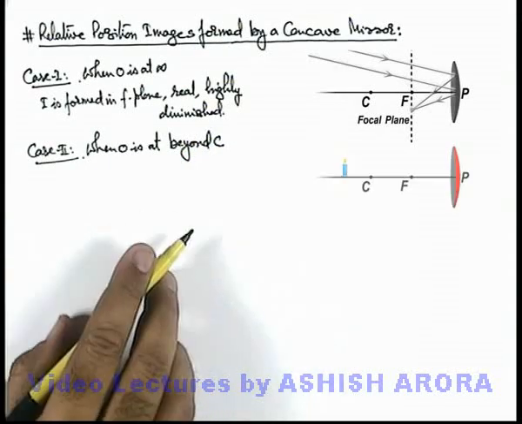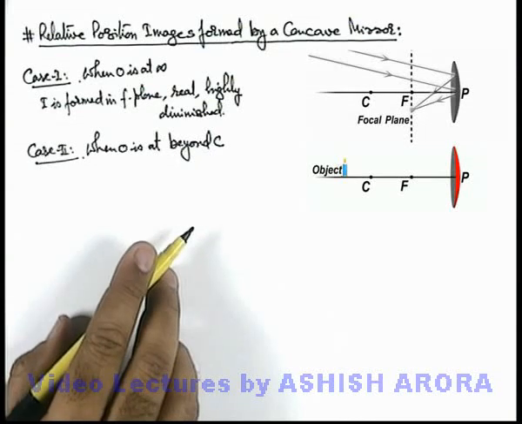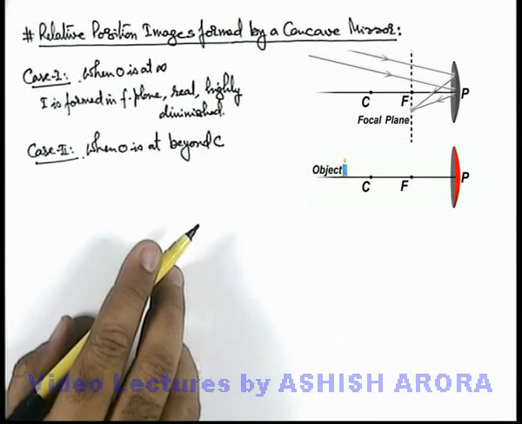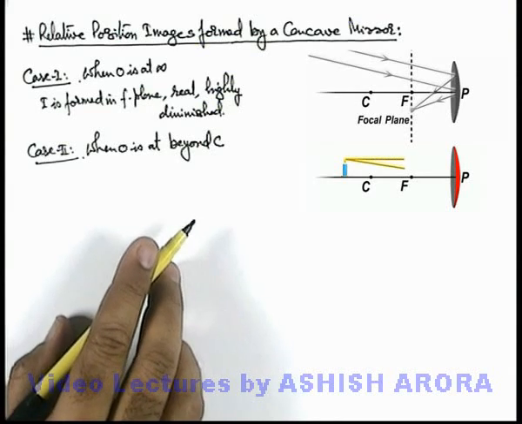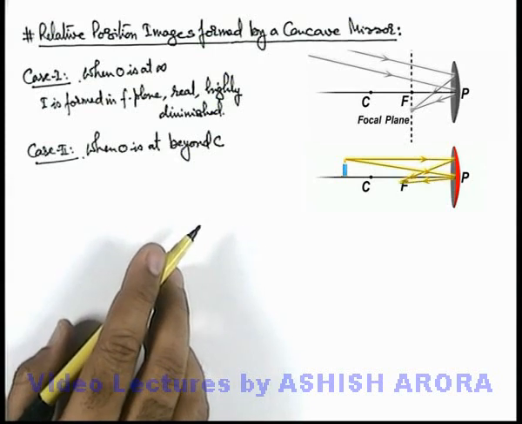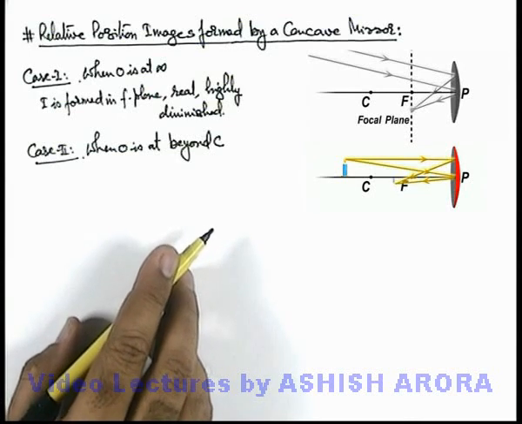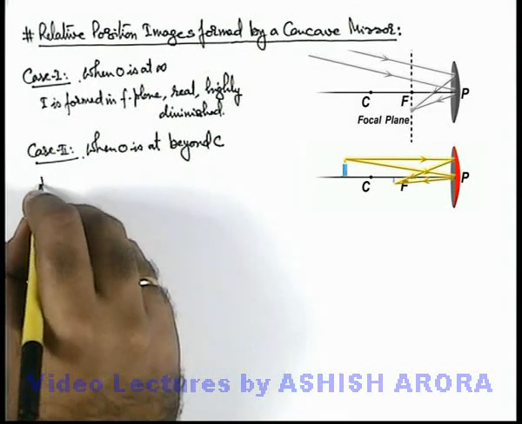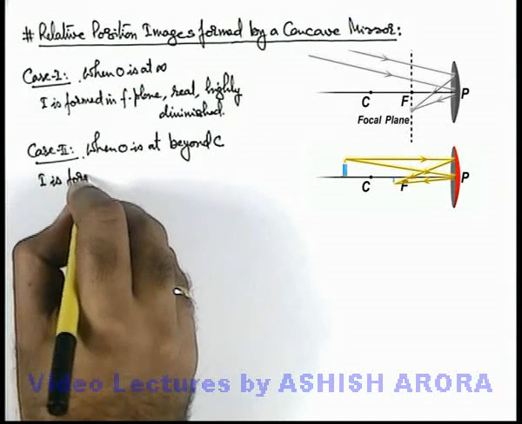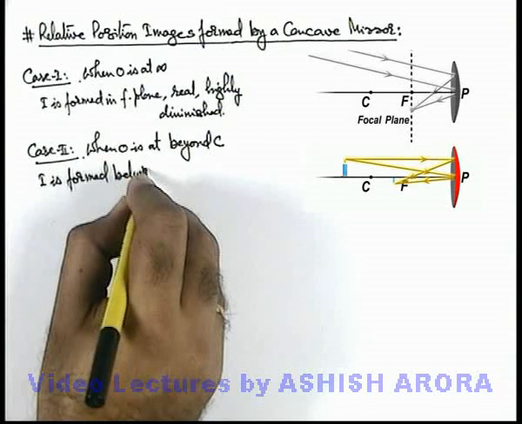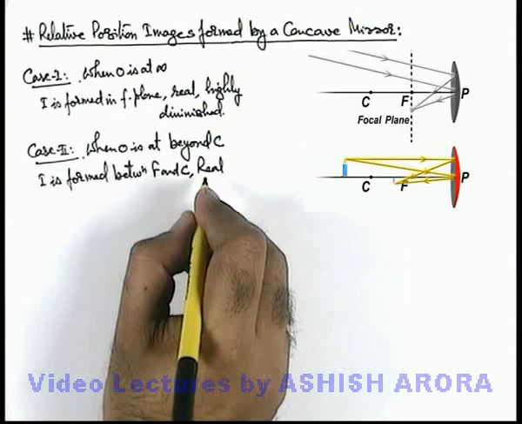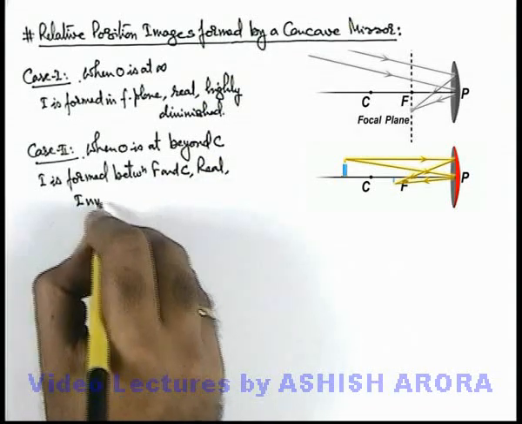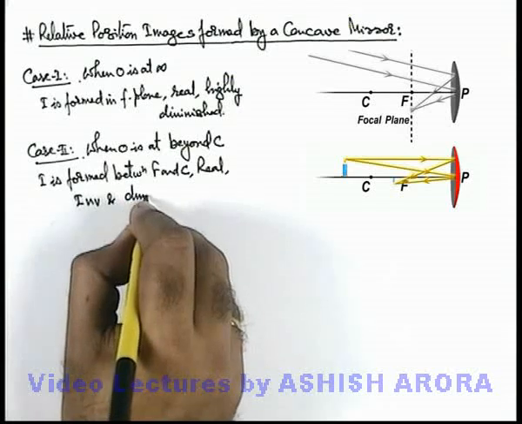Now in this situation, if the object is located beyond the center of curvature, then from the tip of the object, if two light rays are considered for image formation, one parallel and the other incident on the pole, then after reflection of these standard rays you can see the image thus obtained is between F and C. So here we can write the image is formed between F and C. It is real because the rays are converging. It is inverted and it is smaller in size, so we can write diminished.